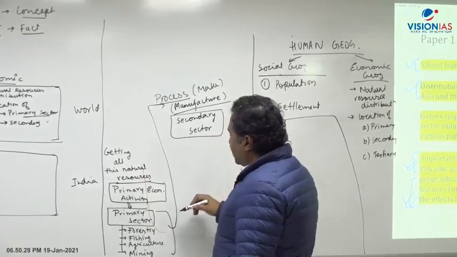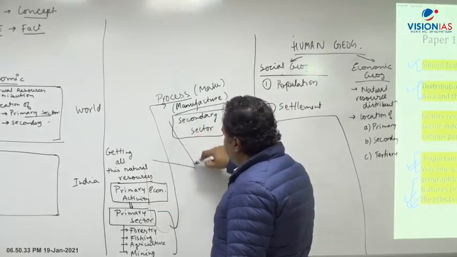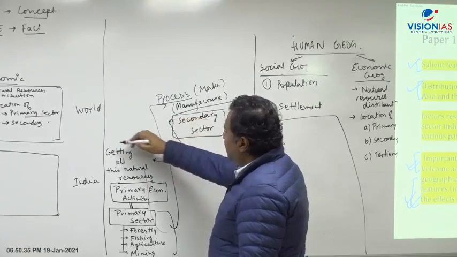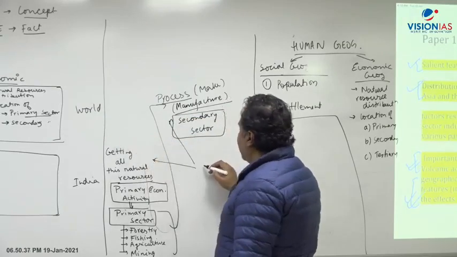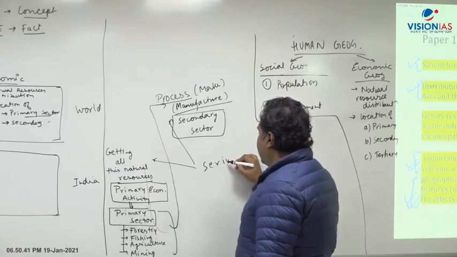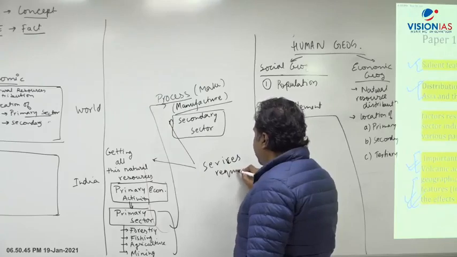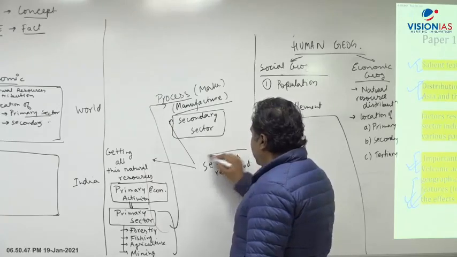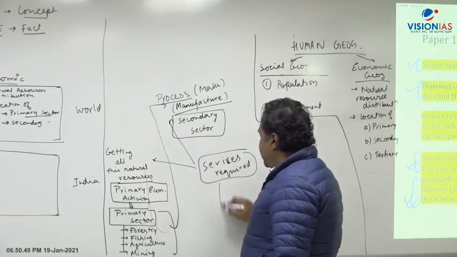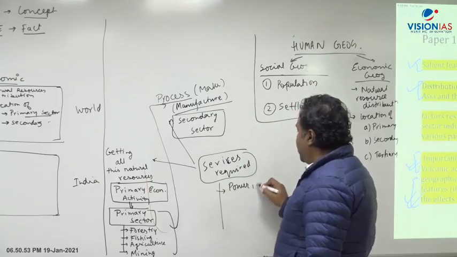The third is for collecting and for processing. This was getting and processing. You need some services required for collecting and processing, such as which services? Such as power, energy.